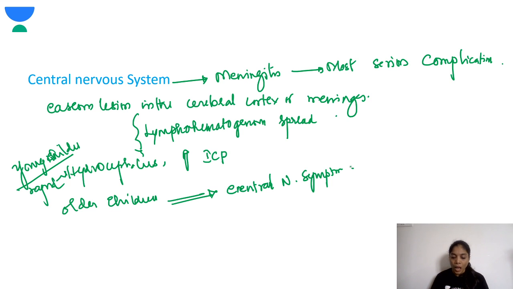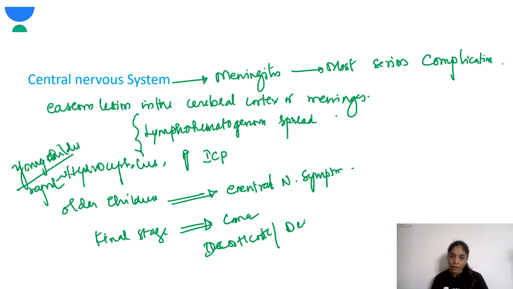In the final stage, if you don't aggressively treat, the child can go into coma, with decorticate or decerebrate posturing, and then eventually death.